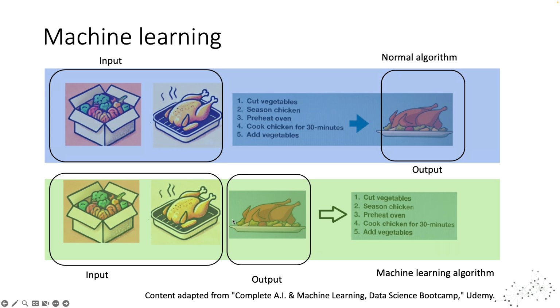We didn't write any specific rules for how to prepare or cook, but by providing a massive amount of data of foods and what can be prepared using these ingredients, and training the machine learning algorithm, we can get some step-by-step actions. So this is how machine learning is different from a normal algorithm.